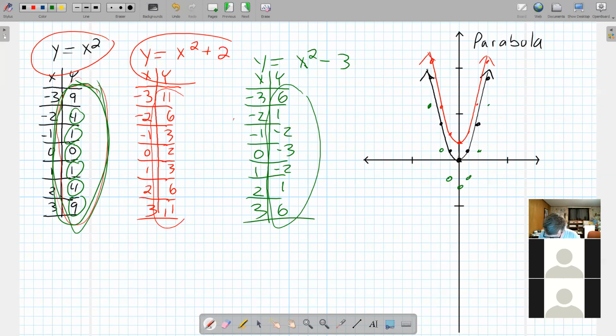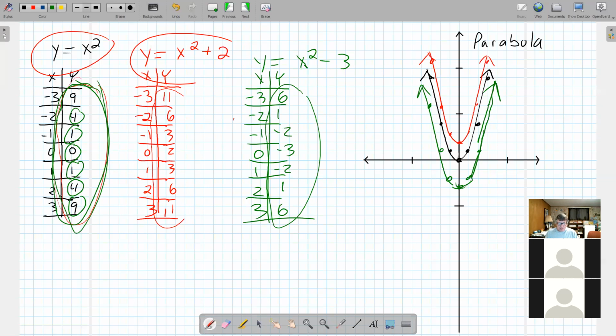And our graph is going to look like, oops, didn't quite get that graphed. Oh, well. Now you know why I use that piece of plastic to help graph.